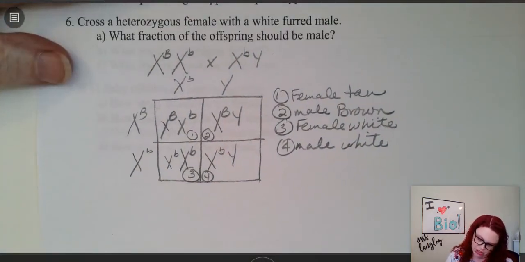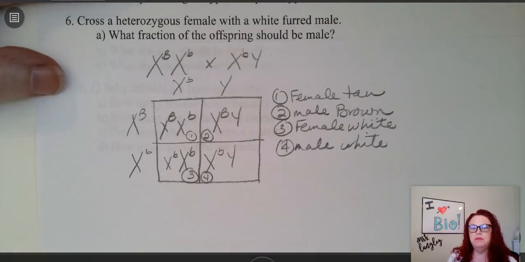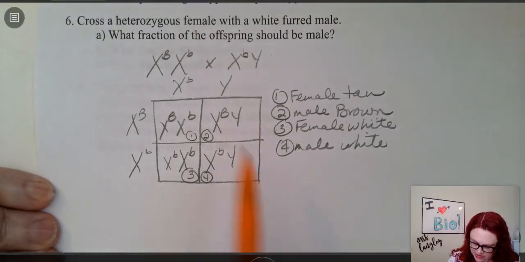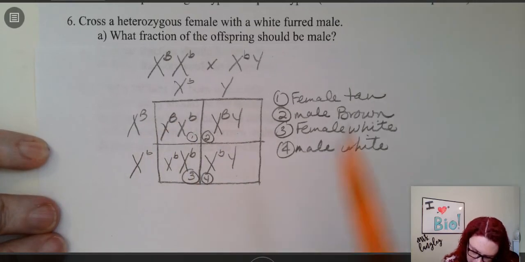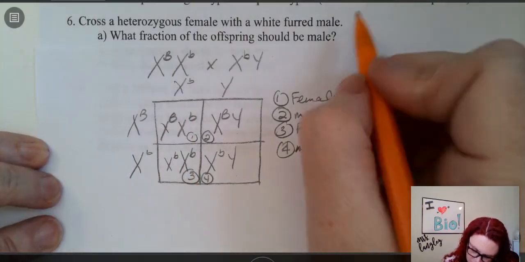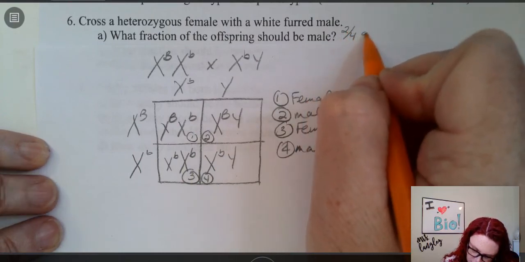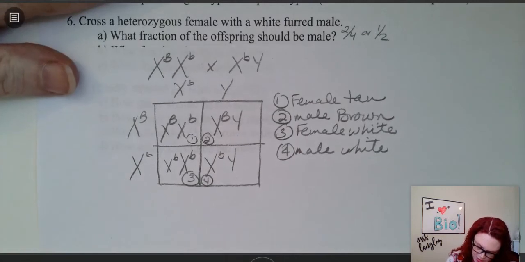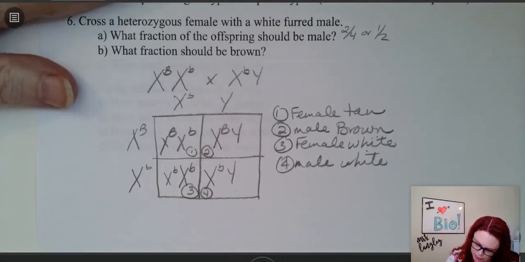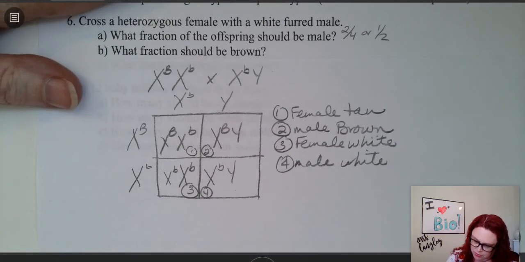What fraction of the offspring would be male? Well, let's see. That's male, that's male, that's female, that's female. So the fraction of the offspring would be male are 2 out of 4, or 1/2. What fraction of the offspring would be brown?